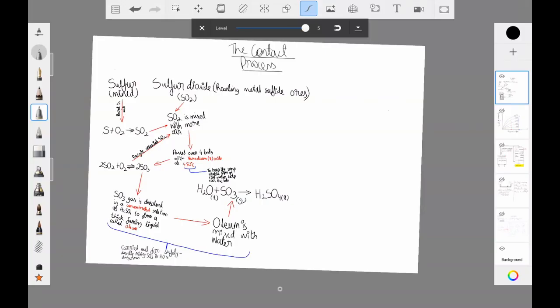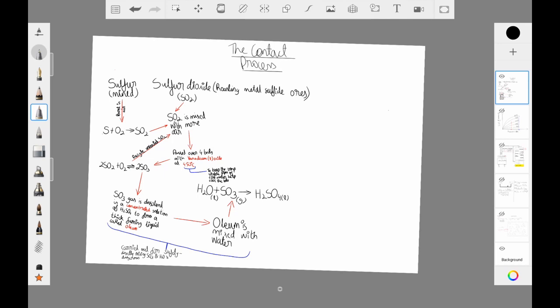Right, so here we have the contact process. Now the contact process is just the name for the process that's used to manufacture sulfuric acid, which itself is the world's #1 chemical. And the key reaction in making sulfuric acid is a reversible reaction.